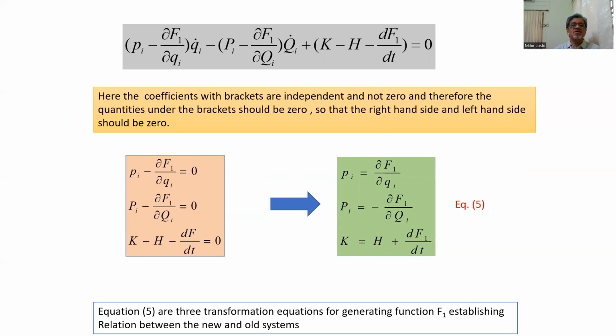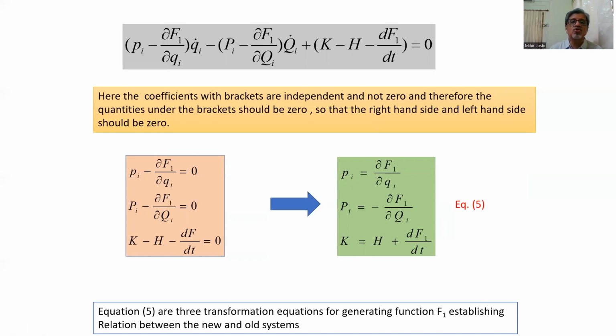Now we have rearranged in such a way that the first bracket is in multiplication with q dot i, the second bracket is in multiplication with capital Q dot i, and the last bracket is a relation between the new and old Hamiltonian. Now here we are thinking that the coefficients, with the brackets, are independent and not 0. So right hand side is equal to 0.